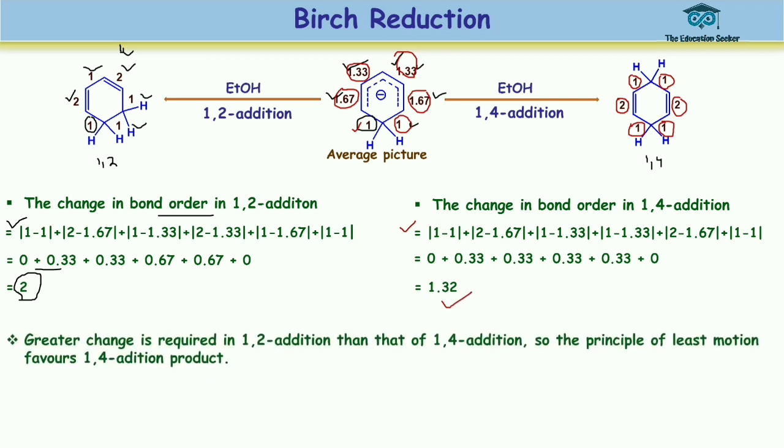Now a greater change is required in 1,2 addition than in 1,4 addition, which indicates more deformation is needed for 1,2 addition. So that favors 1,4 addition, right? This principle of least motion favors the 1,4 addition product as the exclusive product.